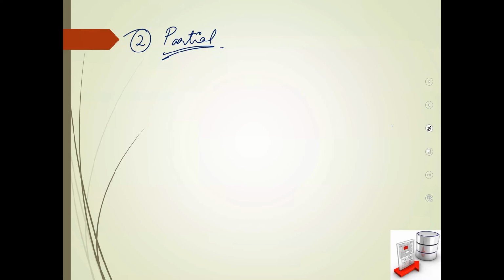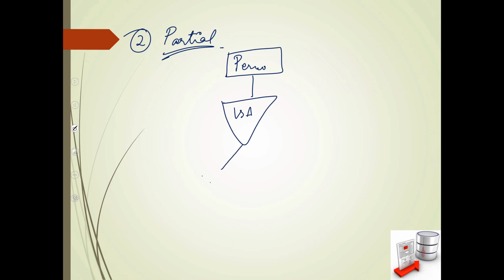Now, let's see about partial completeness constraint in specialization, generalization. Okay. Let's think about person. Person, as we earlier saw, can either be a customer or an employee.